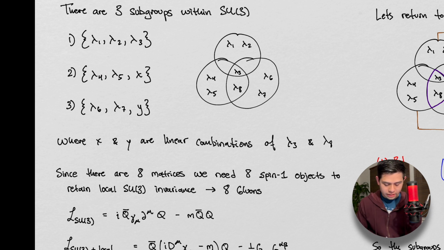We can say, okay, this guy here is this circle right here, and this guy right here is this circle right here. So these are all subgroups within the larger group of the Lorentz transformation. They're all glued together by lambda 3, which is interesting in its own right.